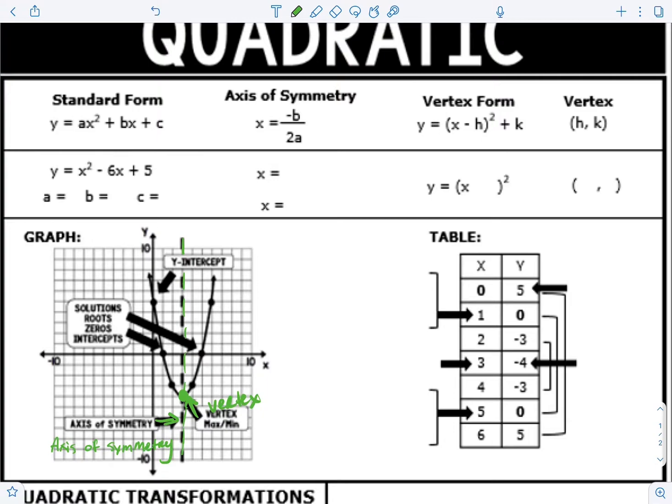And when we have a vertex, it can be a maximum point or a minimum point. Since we have a U shape, it reaches a minimum and then goes back up. So this actually has a minimum point, but that's the vertex. A couple of other things we already know because we are familiar with x-intercept and y-intercept.